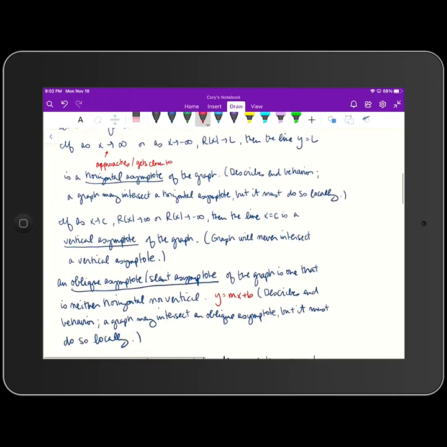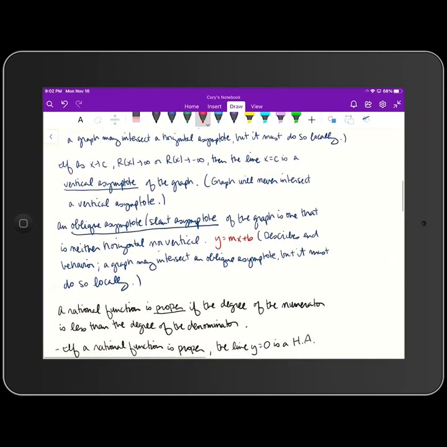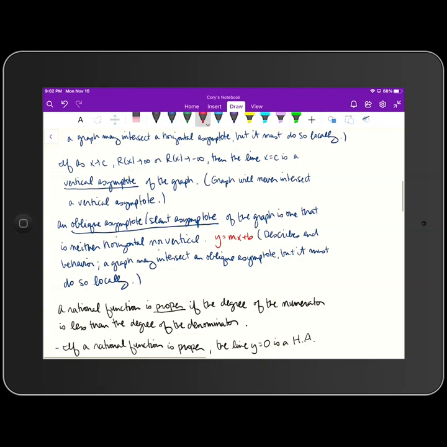Okay, let's look at our next definition. It says that if as x approaches c, the function r of x approaches infinity or r of x approaches negative infinity, then the line x is equal to c is a vertical asymptote of the graph.